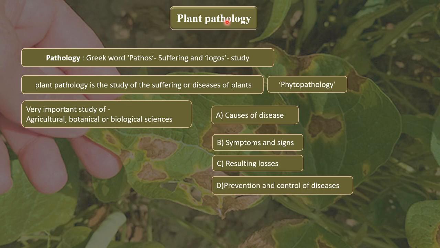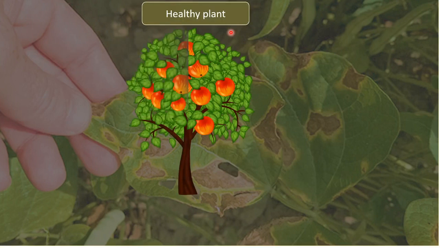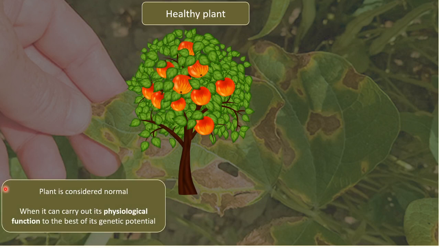Right? So now that we know what plant pathology is, let us first understand what a healthy plant is. A healthy plant we think is the one that looks healthy, but a plant is considered normal or healthy when it can carry out its physiological functions or physiological processes to the best of its genetic potential.